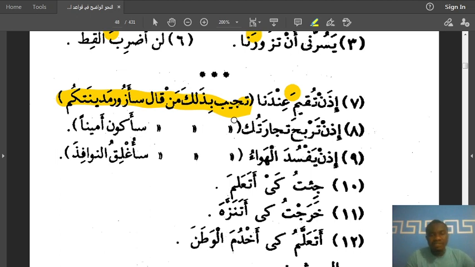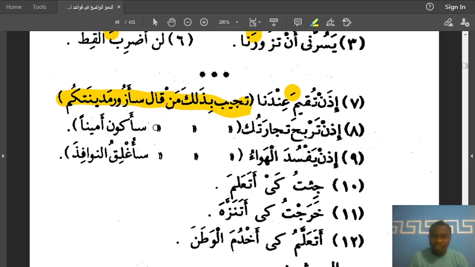When do you say this? You say this when tujibu bidhalika, you use that to respond to someone who says, sa'azuru madinatakum, I will visit your town.